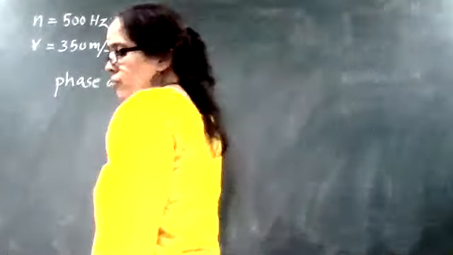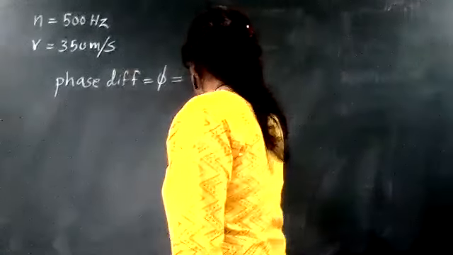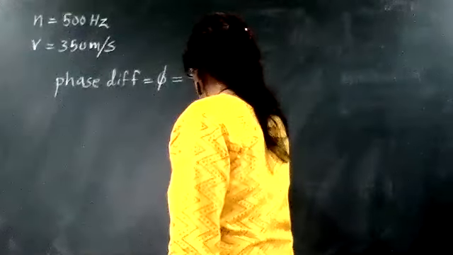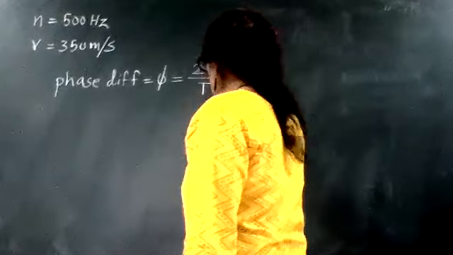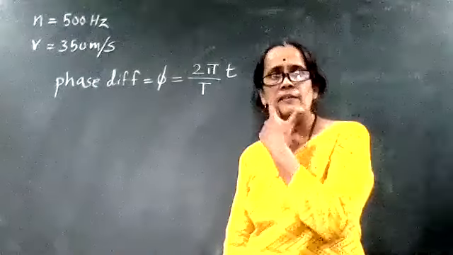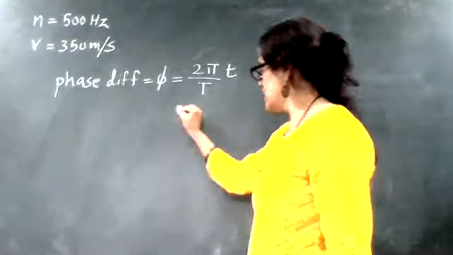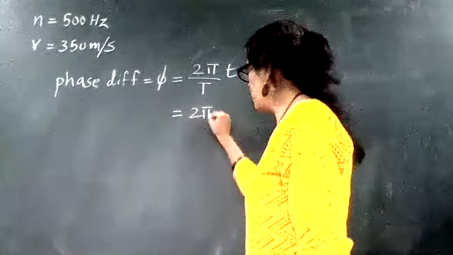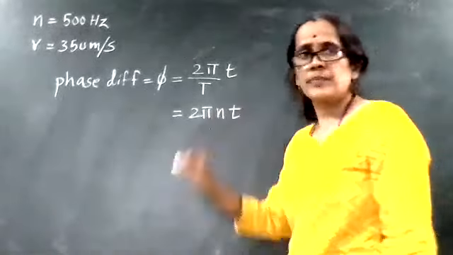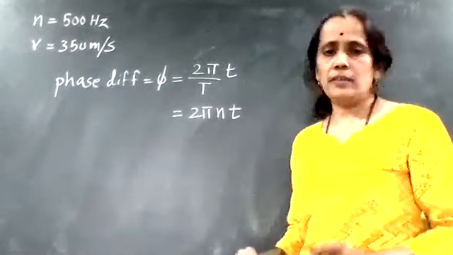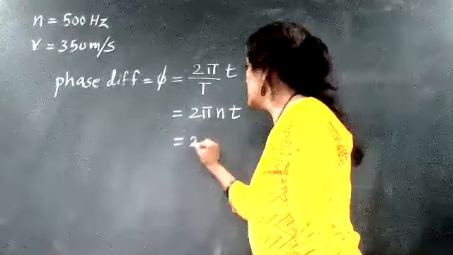So your phase difference, which is equal to delta phi, can be written as 2 pi divided by capital T into t. In that you have to write for period. The same formula I can write down as 2 pi n into t, where n is nothing but the frequency.